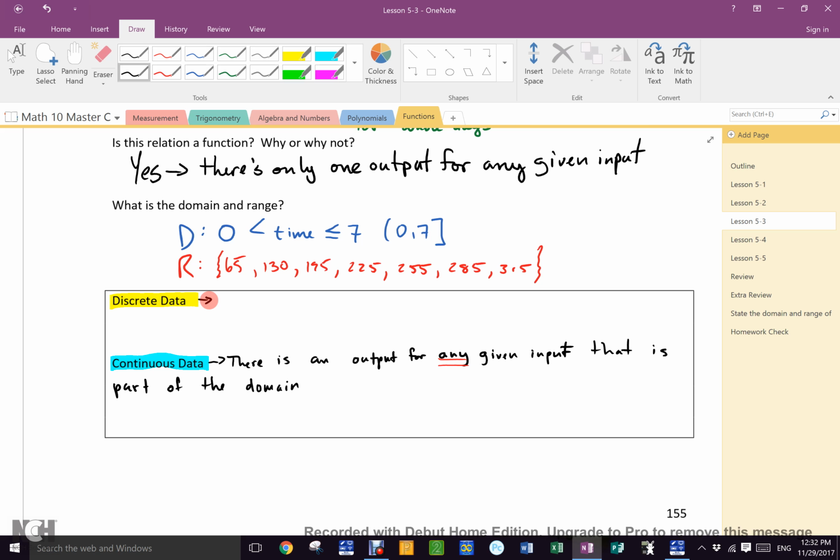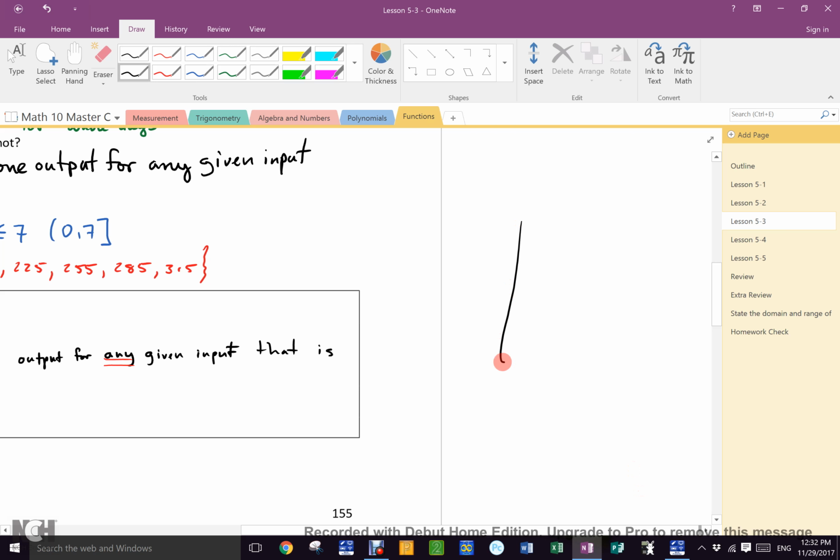Okay, so I'm trying to think of a way to say this. That would be, and don't write this down, according to Riley, there's my graph, right? My input of 7, and I draw a straight line up from 7. Consider that straight. My input is 7, right?